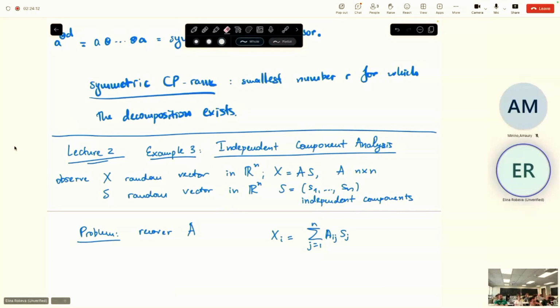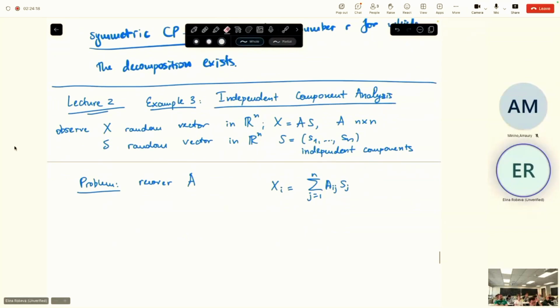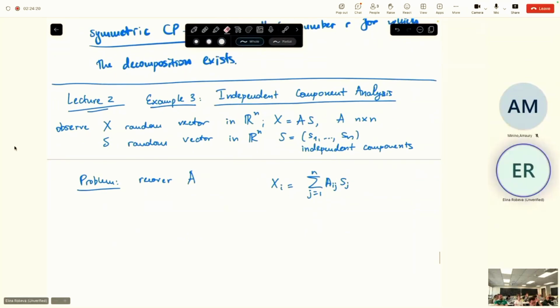So how can we solve this problem using tensor CP decomposition? We can do this as follows. First of all, let me give some remarks.